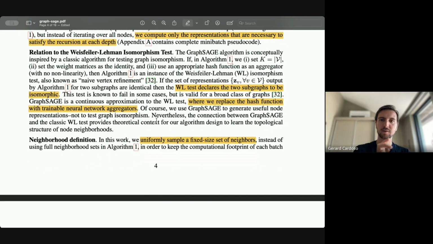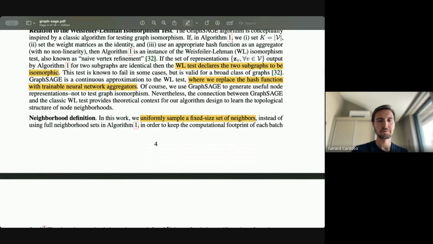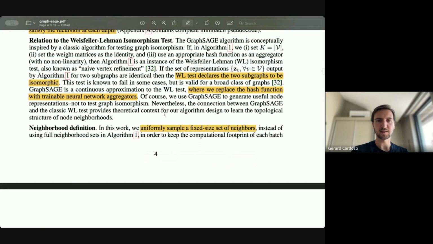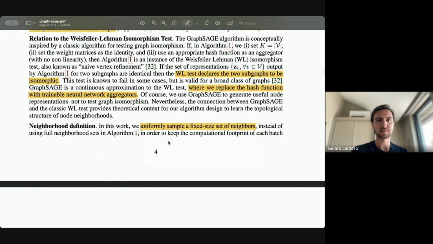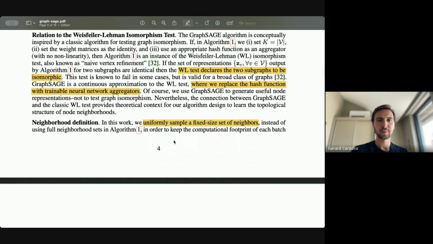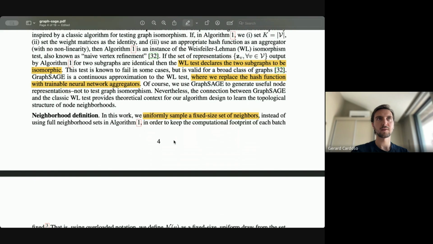If they're identical, then the graphs can be considered to be isomorphic, which is interesting in the sense that what they're trying to suggest here is that the inspiration was to learn the structure of the graph, not just look at the node features independently.